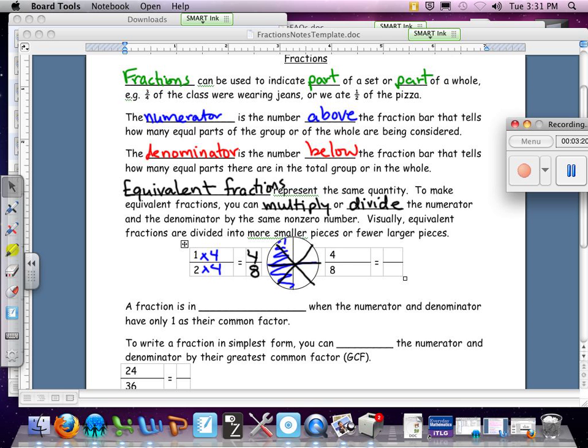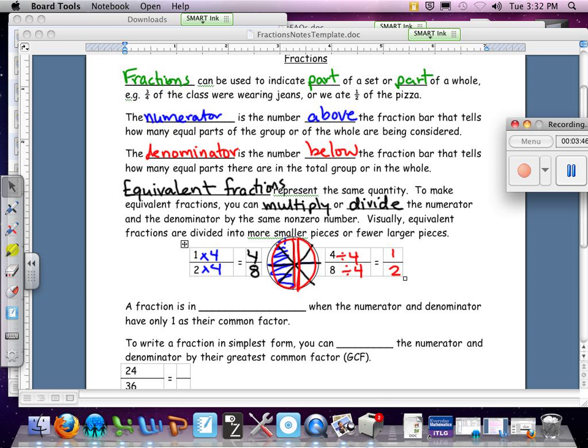And similarly, I could have fewer larger pieces, 4/8, if I group them into fourths. I would only have 1/2 colored in. And you know my smart boards don't line up quite so right. So hopefully you can make your visual look a little bit more appropriate.